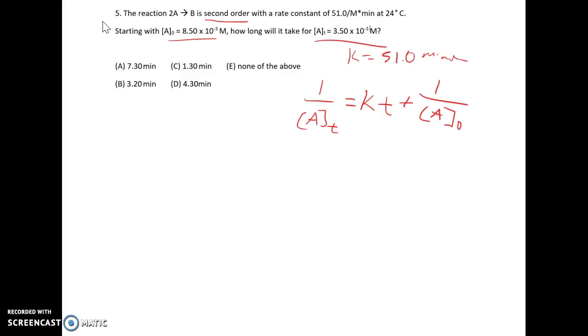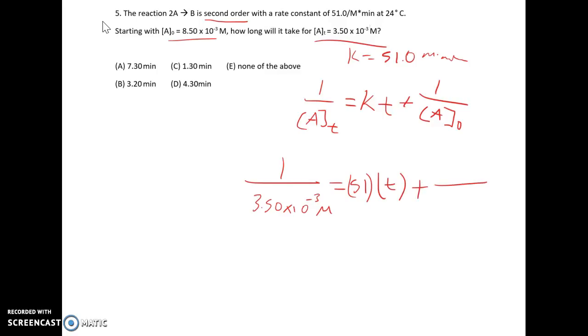And then they tell us that the final concentration is 3.50 times 10 to the negative 3 molar, which is equal to our rate constant, 51, times T. And then they don't give us a time, that's what we're trying to solve for.